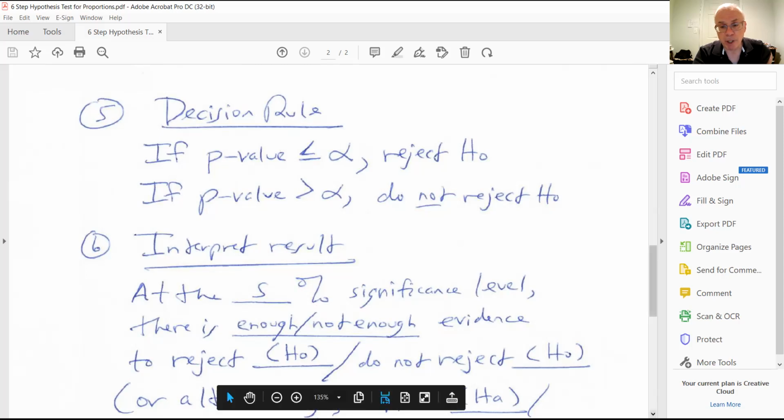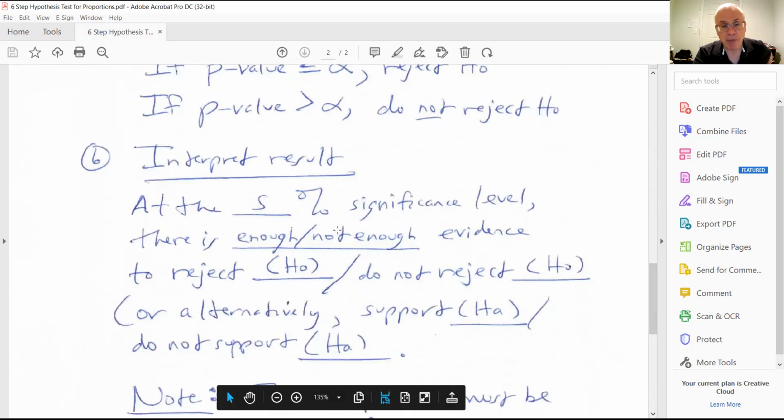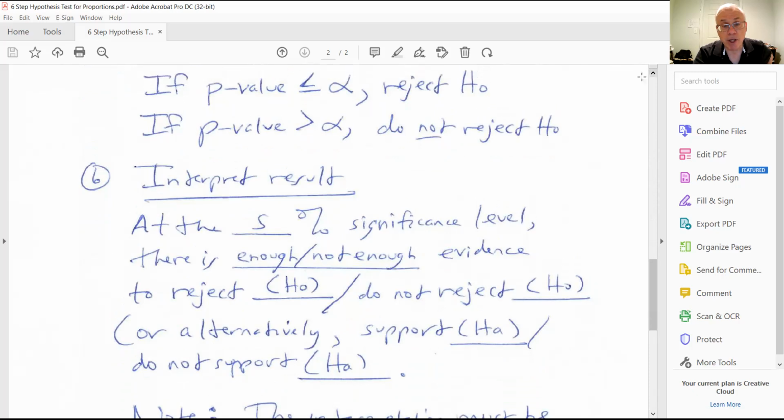And then we have our interpretation, and we'll say at the S% significance level, whatever the alpha is, we convert it to a percentage and put the number in here. Then we state whether there is enough or not enough evidence to reject the null. If the p-value is less than or equal to alpha, we say reject the null, and if it's greater than alpha, we don't reject.